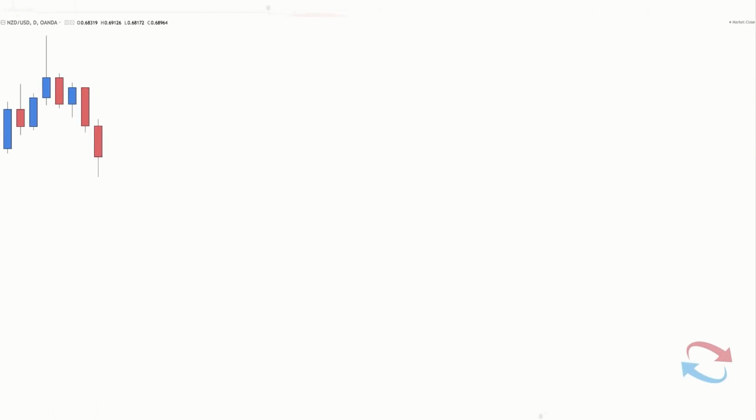So let's look at supply on a candlestick chart, on a daily chart, using the New Zealand dollar US dollar. If I get my pencil, what we have here is a high, and then a pullback, and then a sequence.